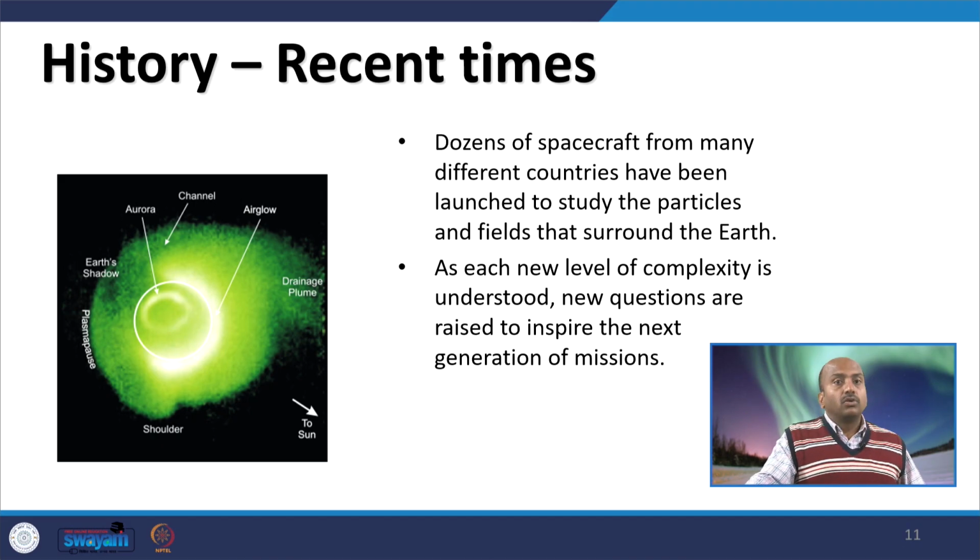For curiosity, you can refer to these payloads, and if you read about their descriptions or their mission statements, you will be able to pretty much map all those objectives easily with the basic things that we have discussed in terms of the primary structure of the magnetosphere. Okay.